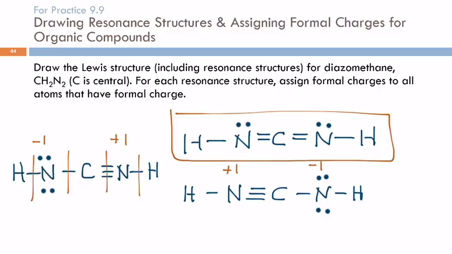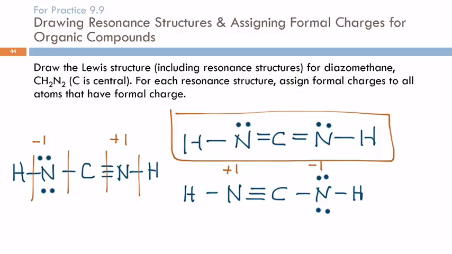Any questions? When we're doing a problem like that, say on the worksheet, do we have to show all 3 of them? Say if we know which one it is already, we just go straight and do it? It depends on how the question's worded. This one says, draw the Lewis structure including resonance structures.